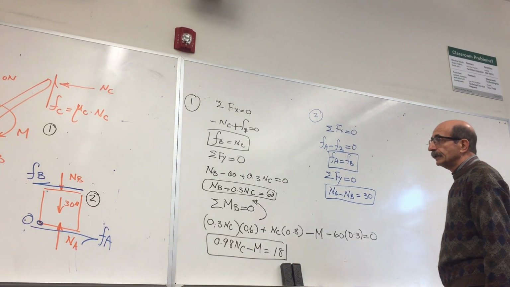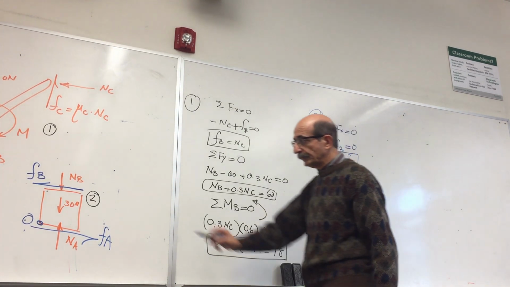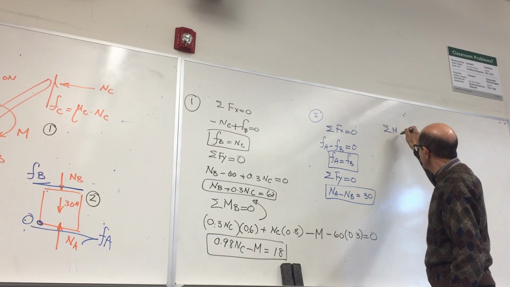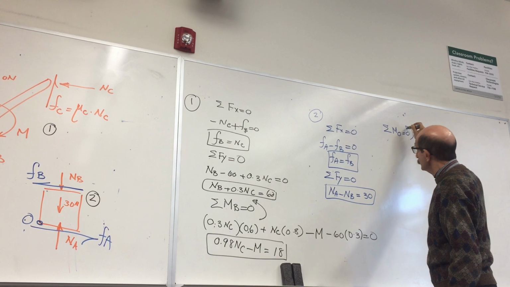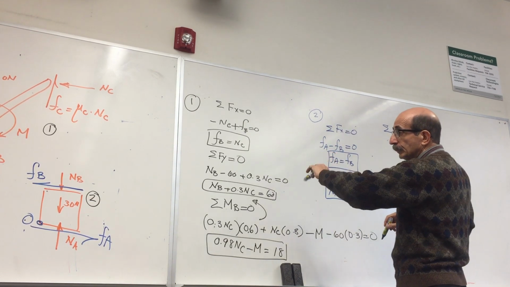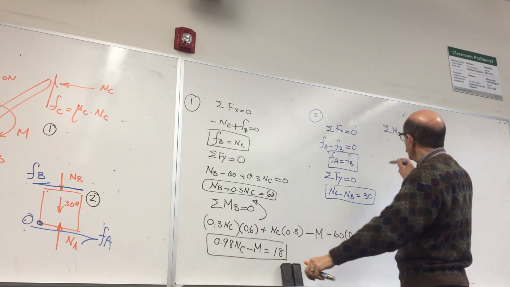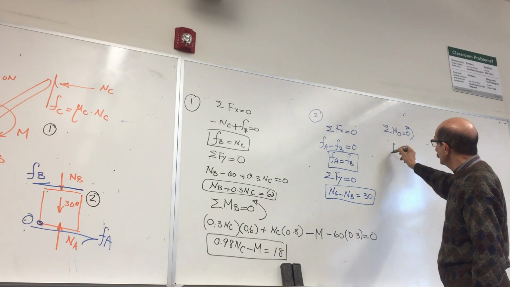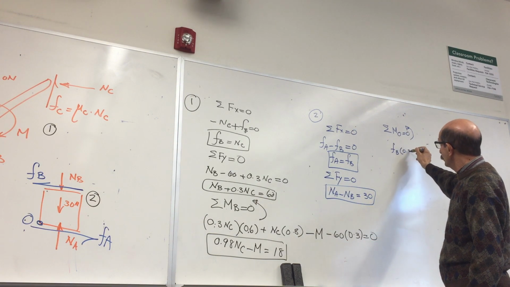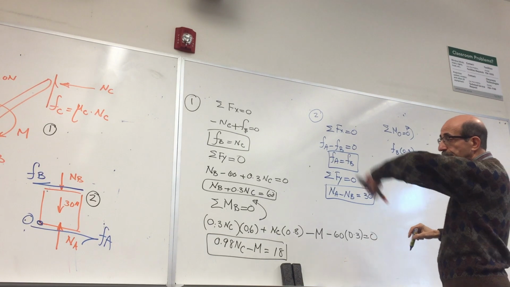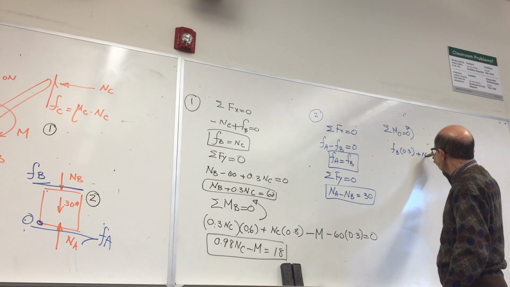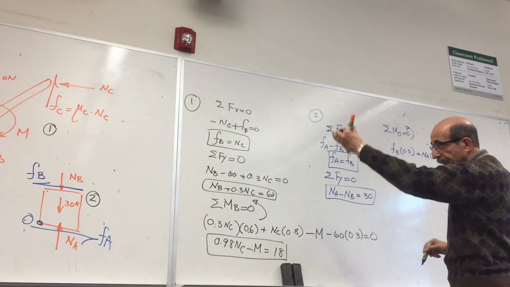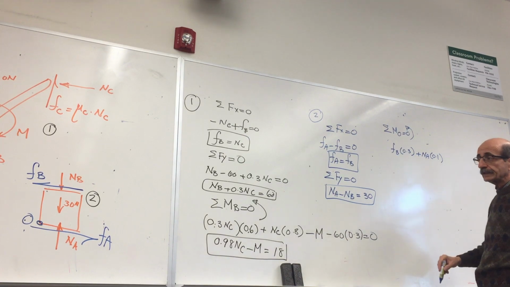And I will write summation of moments about point O. If I write summation of moments about point O is equal to 0, I will have FB times this distance, which is 0.3, plus NA times 0.1. Then those vertical forces both generate a negative moment.